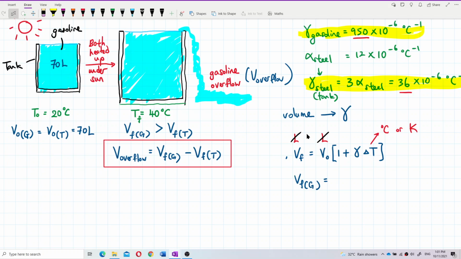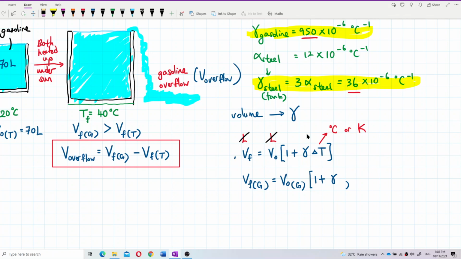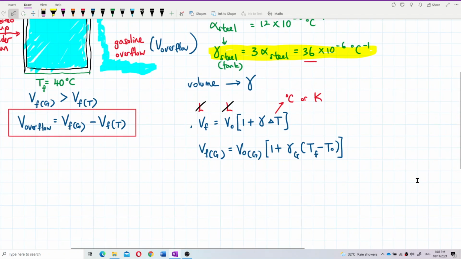The final volume of gasoline is the initial volume of the gasoline times 1 plus gamma for gasoline times T minus T naught, the final temperature minus the initial temperature.